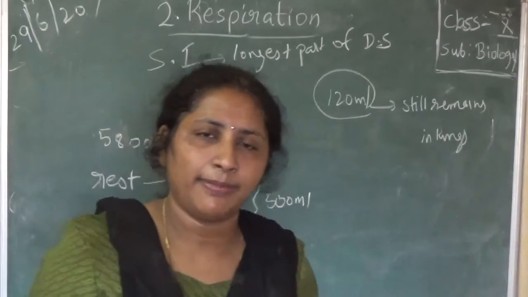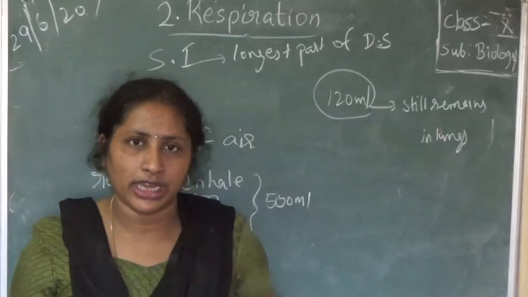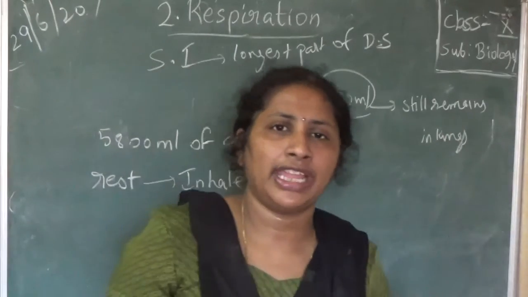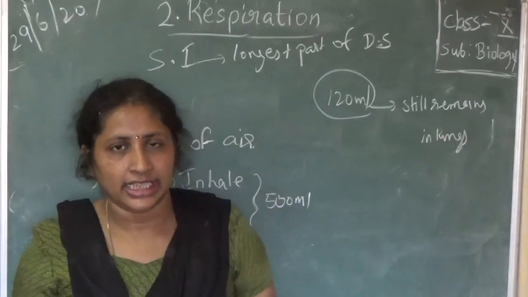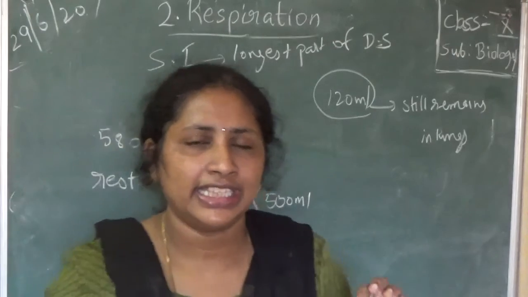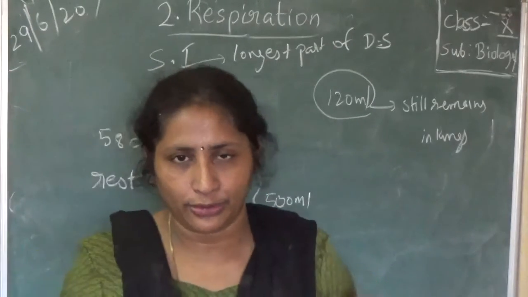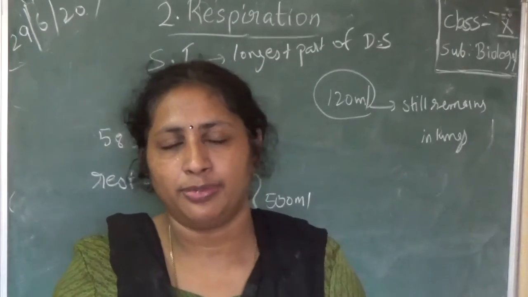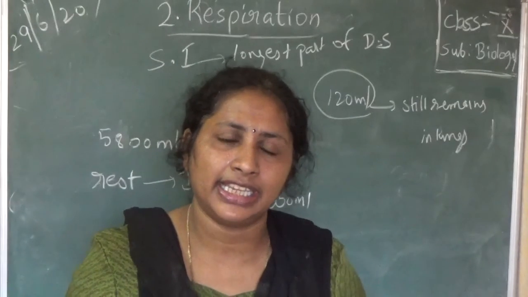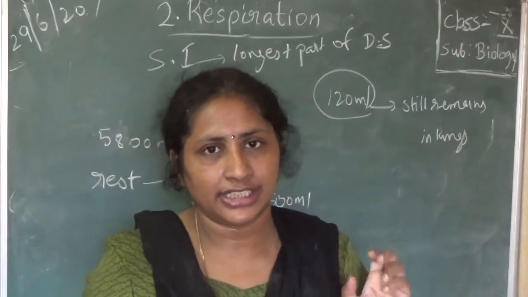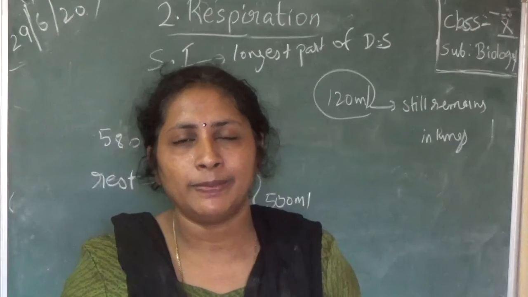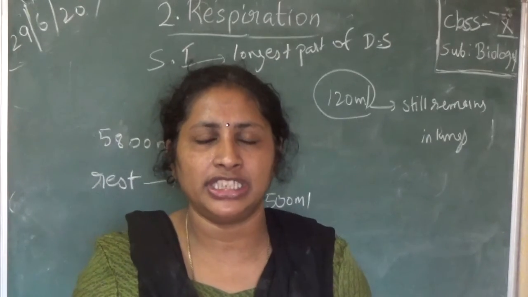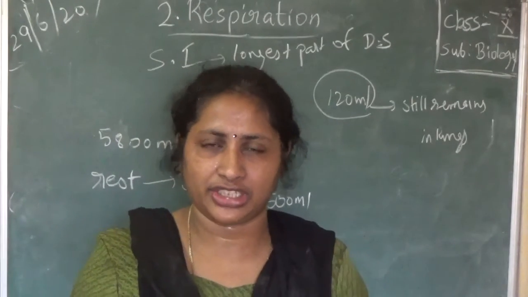They are covered by 2 membranes called pleura. The function of pleura is to protect the lungs. In between the pleura there is a fluid called pleural fluid. The main function of pleural fluid is protecting the lungs from external shocks and helping the elastic and spongy tissue reduce friction.